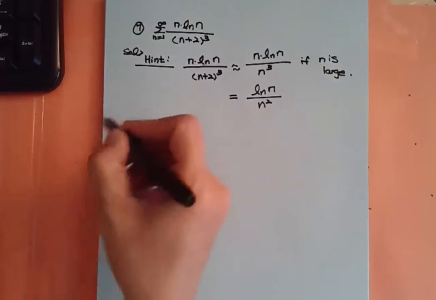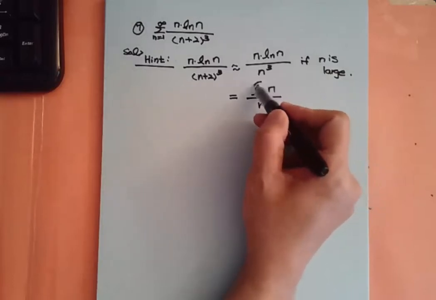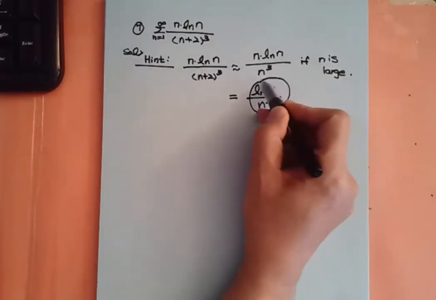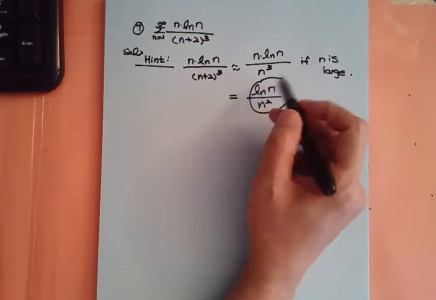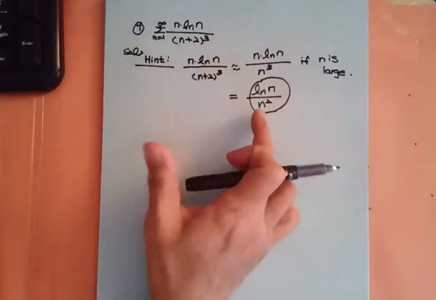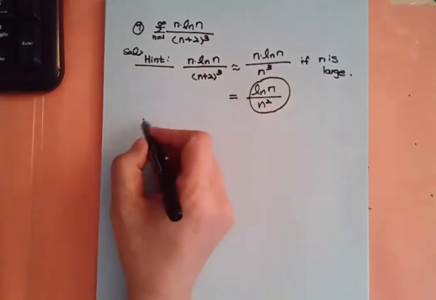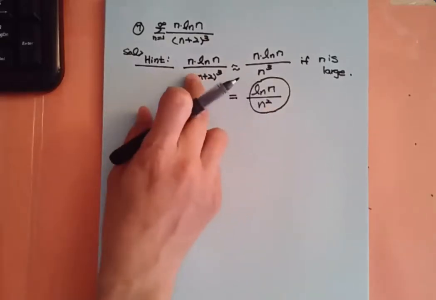So our strategy will be, we will show that this one converges, and then we will bound this fraction with this fraction to show this one converges.